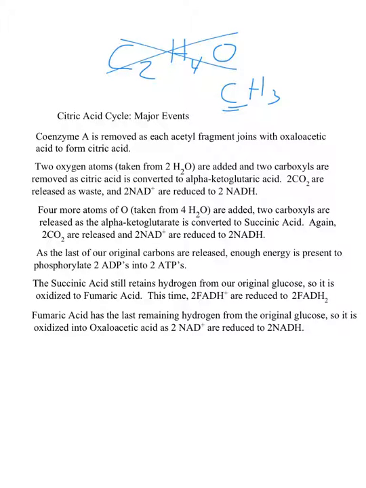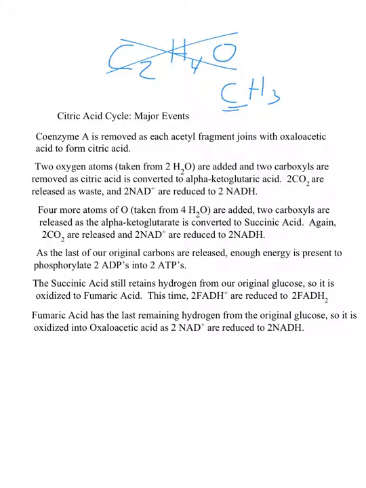Again, we get rid of CO2 as a waste, and the hydrogens from the carboxyls are going to be taken up by NADs. But what's cool about this is that when we go from alpha ketoglutarate to succinate, when that last carbon is released, it's exergonic. And we have enough energy to phosphorylate a couple more ADPs into ATPs. So we get a little bit more energy out of it.